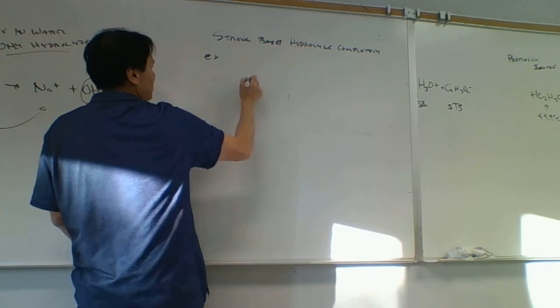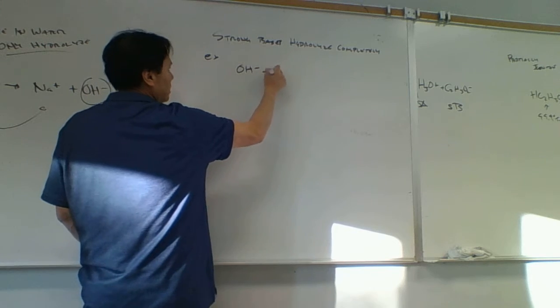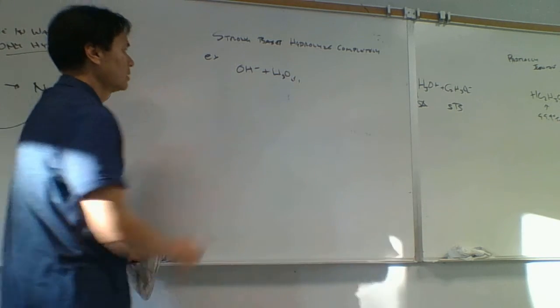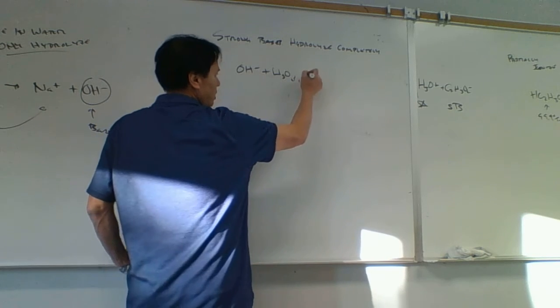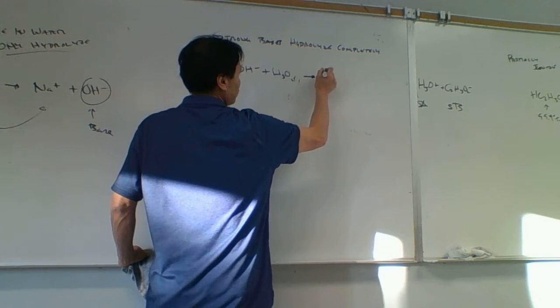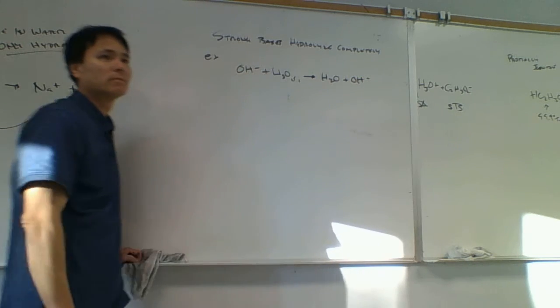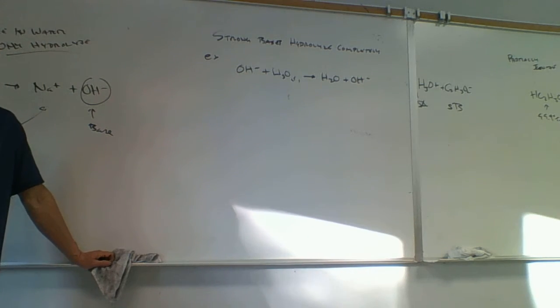So let's give a couple examples. Example would be hydroxide. Hydroxide hydrolyzes completely. What does it form? When hydroxide reacts with water, there's a proton transfer. It's going to form water and hydroxide. Is there any change? No. There's no change, but there's change.